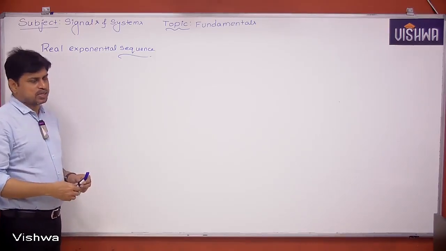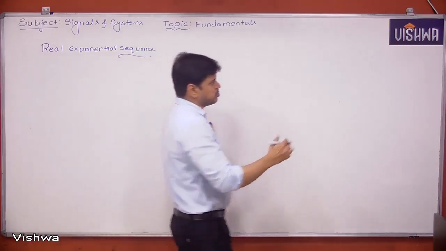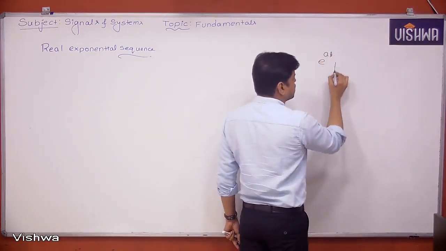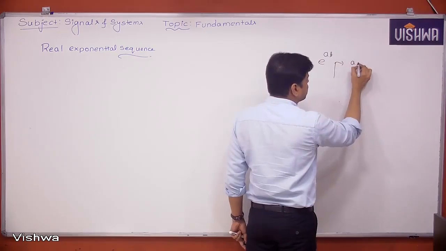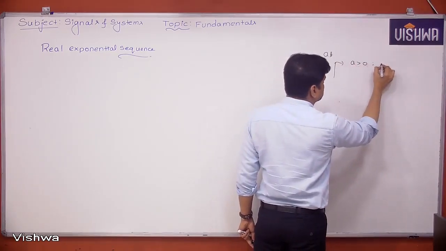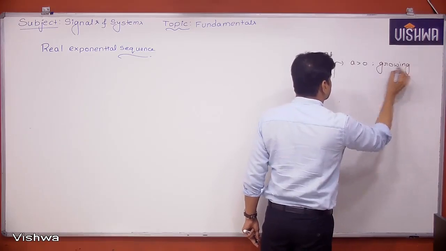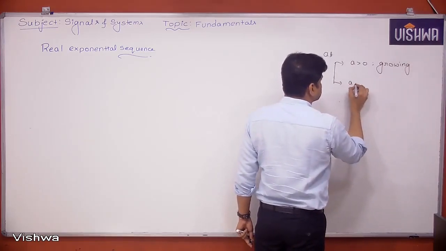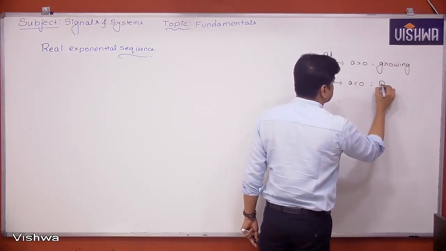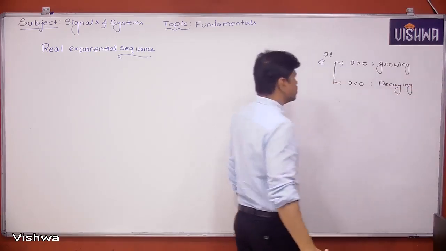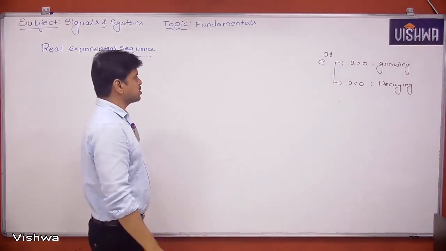It can be a growing exponential if a is greater than 0, and if a is less than 0, it is a decaying exponential. This is what we have observed in the continuous time case.